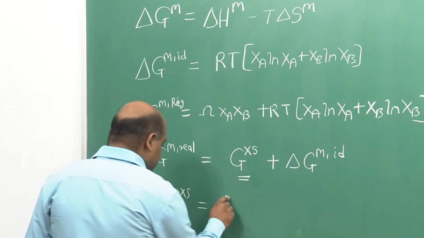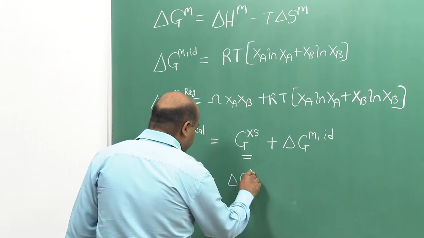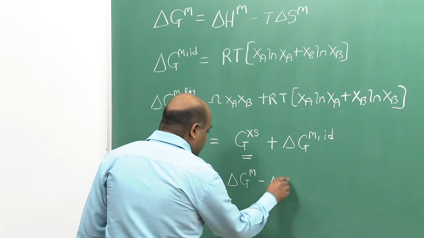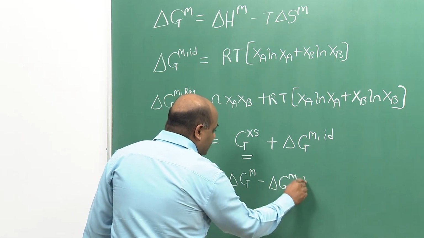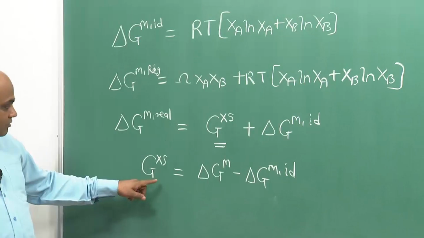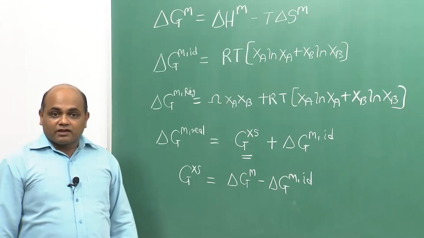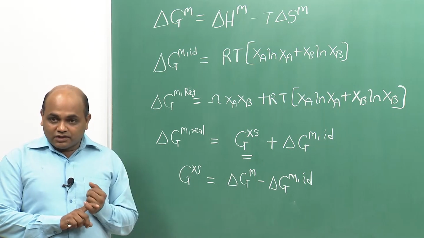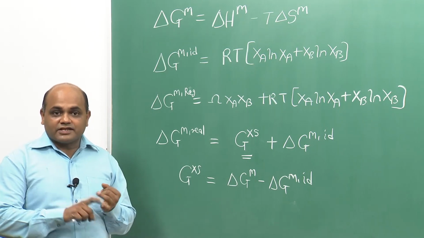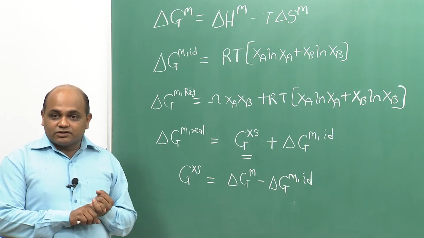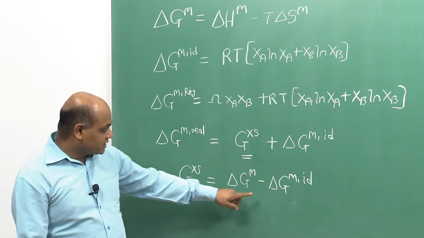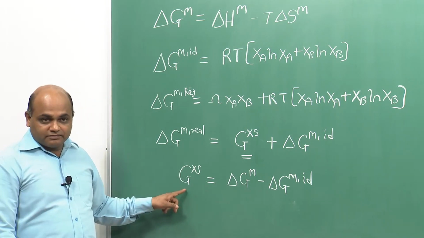So, Gxs is delta Gm minus delta Gm id. In what respect the real solution is different from ideal solution? First, it has a non-zero enthalpy of mixing, and second, the mixing is not random, right. So, the Gxs has two contribution.